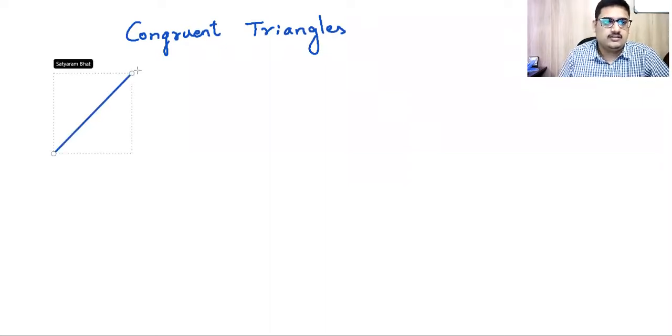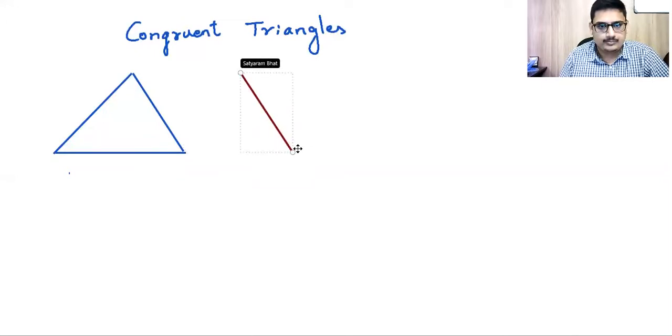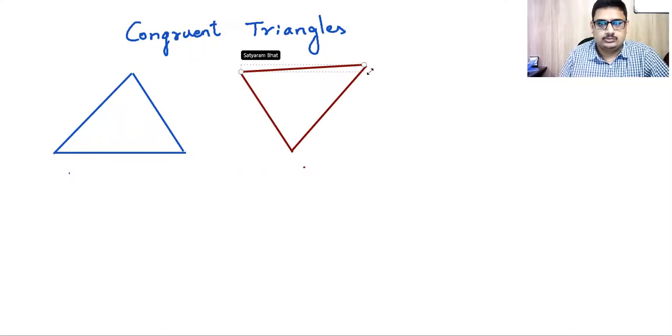Let's take this side and this. This forms one triangle for us, and let me draw one more. Now, students, I have taken two triangles.